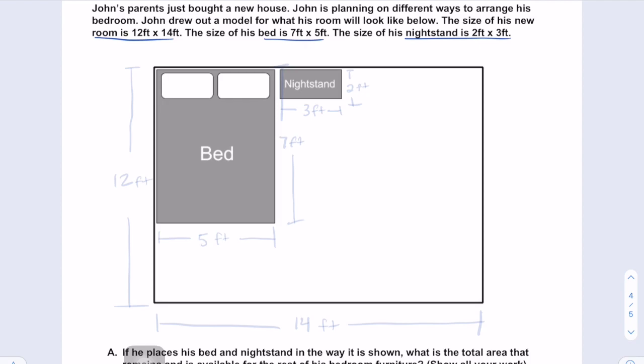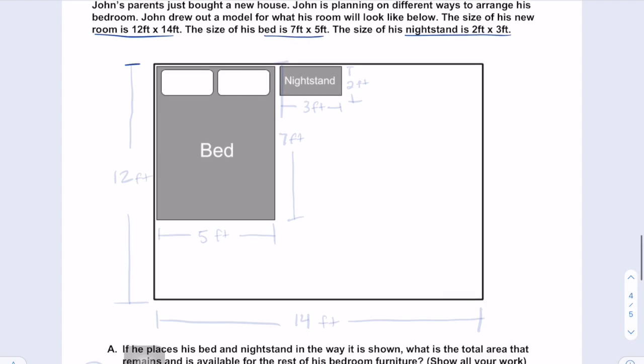The best approach here is to start labeling the information that we know. So knowing that the side lengths of the room are 12 by 14, I can label these this way.